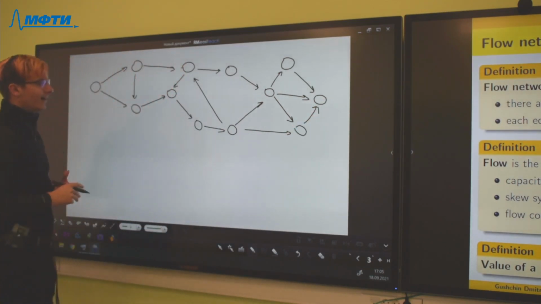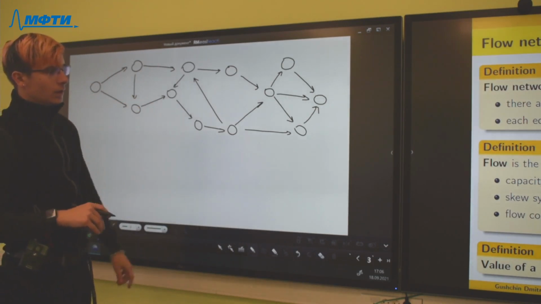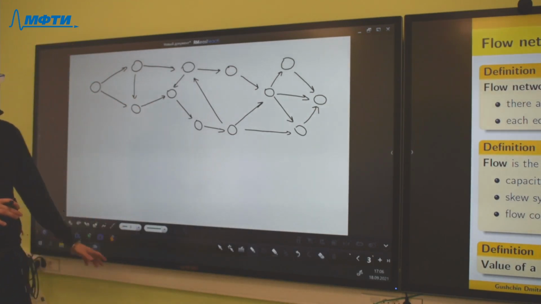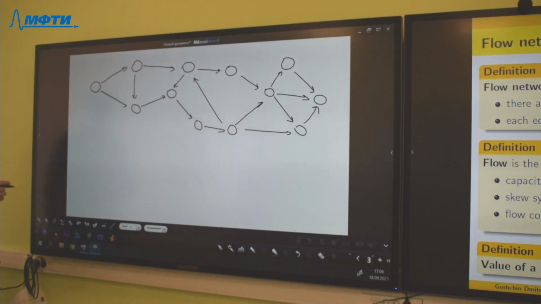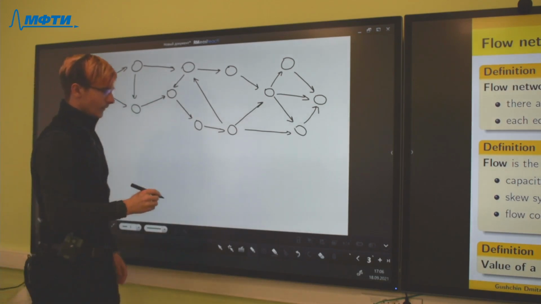Okay, and as you can see on the slides, there are two distinguished vertices, source and sink.